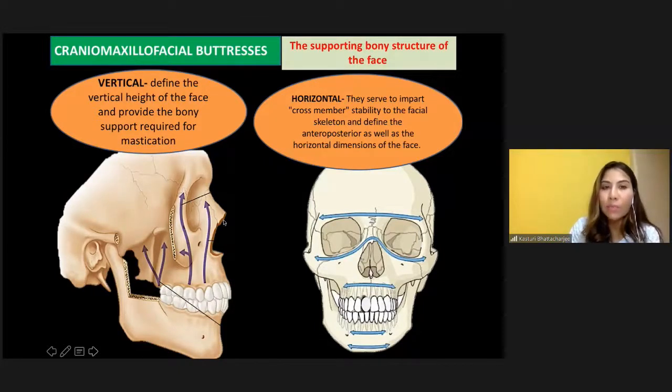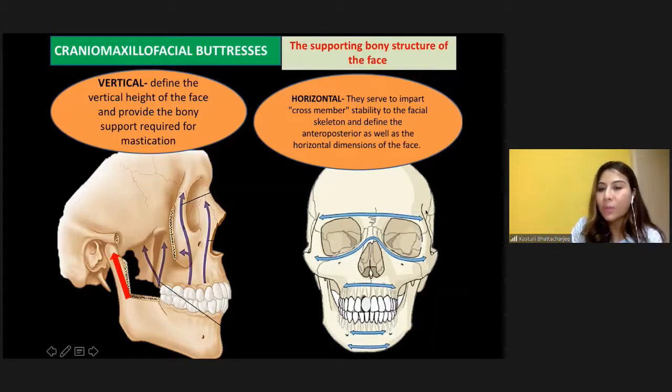Basically there are 4 vertical buttresses: the maxillonasal, the maxillozygomatic, the maxillopterygoid, and another important one is the ramus of the mandible. The horizontal ones are equally important because they define the anteroposterior as well as the horizontal dimension of the face, and there are basically 5 horizontal buttresses.